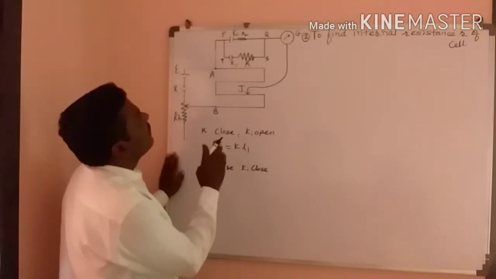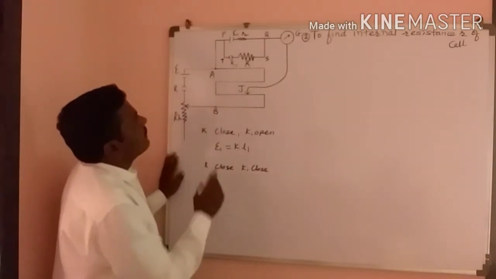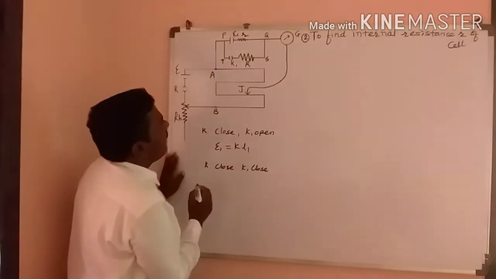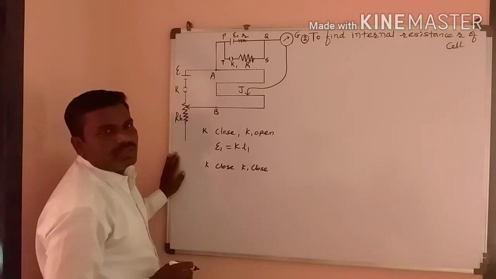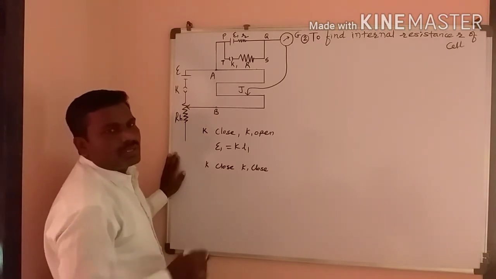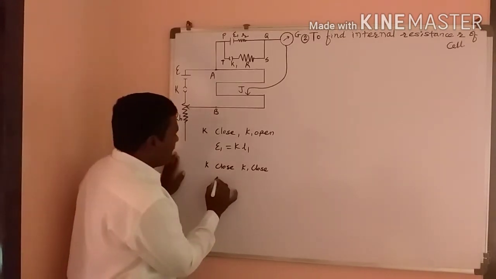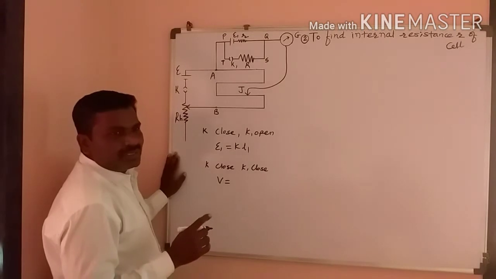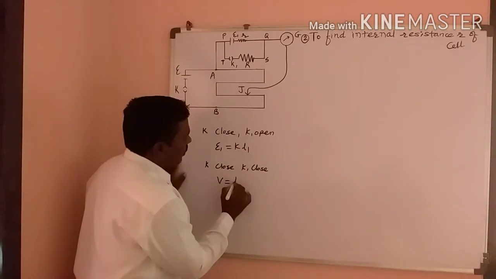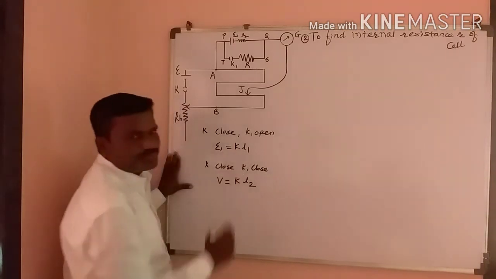This time, the length at which the null point is obtained, there is no current drop through the circuit, and the potential V is directly proportional to the potential gradient and the balancing length, that is L2.